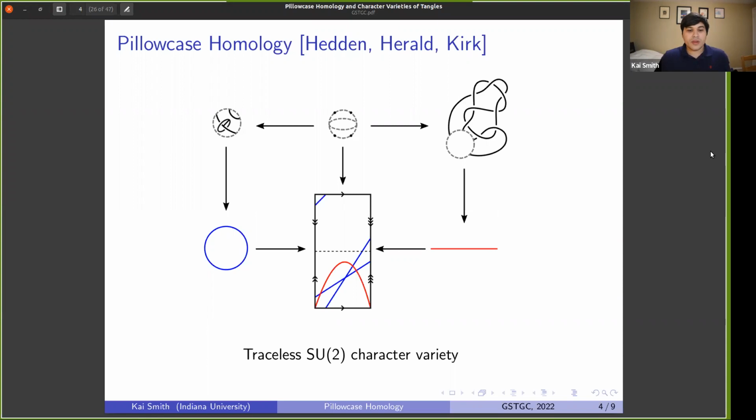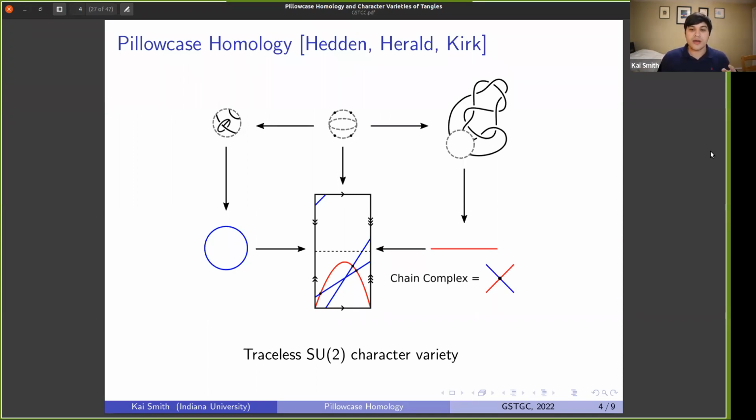And now, since the pillowcase is actually a symplectic manifold, and these curves are immersed Lagrangians, we can use Lagrangian Floer theory to get a homology. But it's especially simple in this case, since we're only dealing with a surface and curves on that surface. And so the generators are given by intersections of the two Lagrangians.